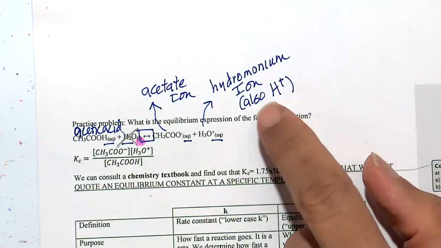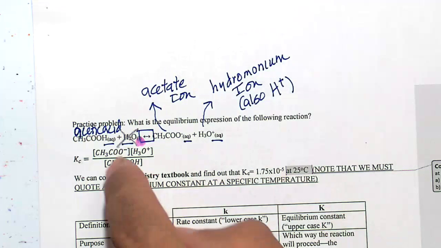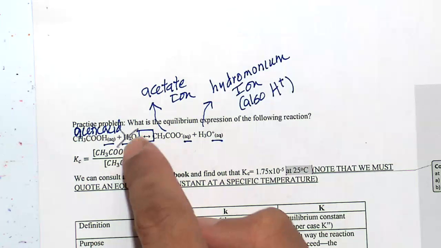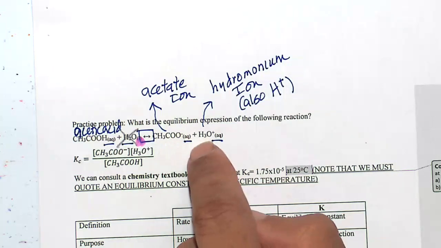This is called an acid-base reaction. This is something we will talk about next chapter. Acetic acid is an acid. And what do acids do? They give away protons. This will give a proton to water and in turn become the conjugate base acetate. And water takes that proton, it becomes hydronium ion.